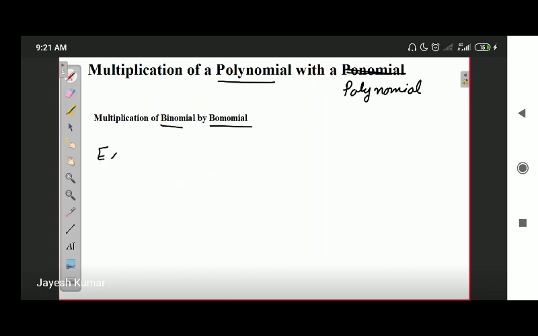let's take an example. Suppose I have one binomial x square plus 1 and another binomial 2x plus 3y, and I have to multiply both of them. So I'm going to open this bracket.